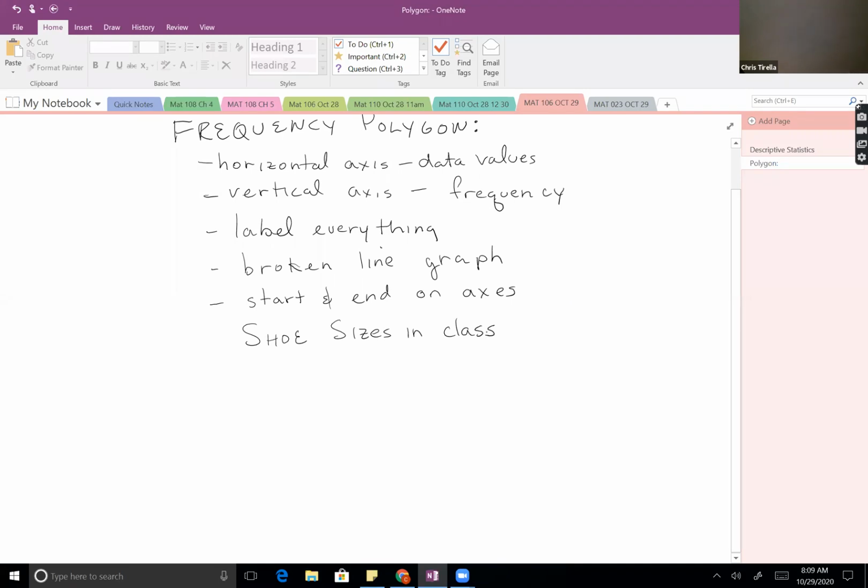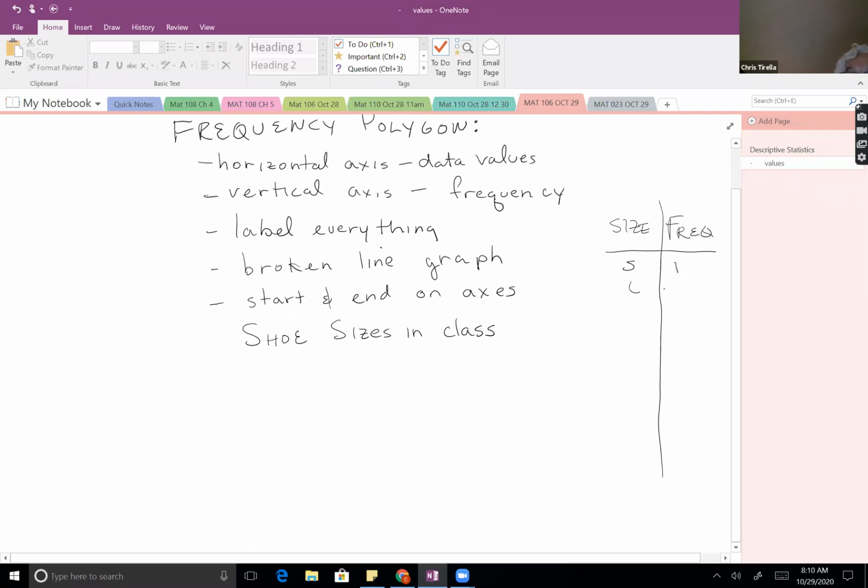And in order to do that, I want to look at our frequency distribution for shoe sizes. And I copied down the information that we had last time.